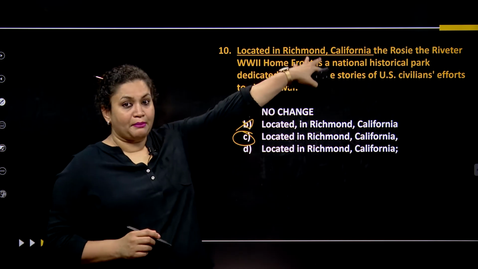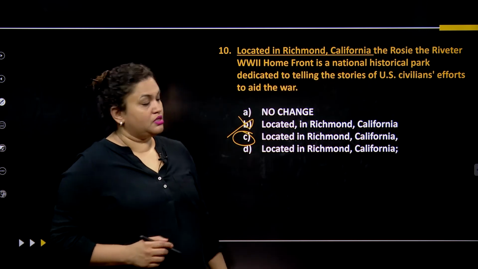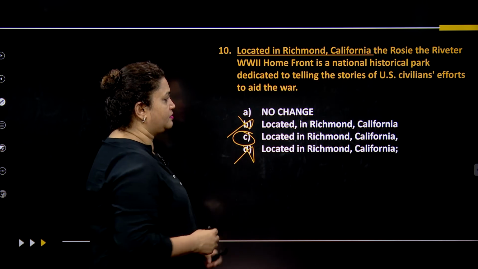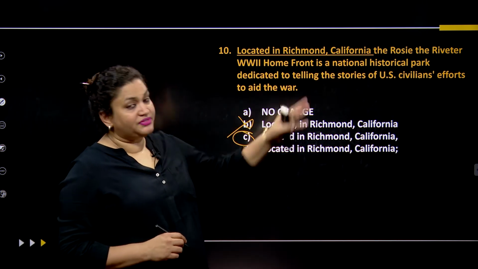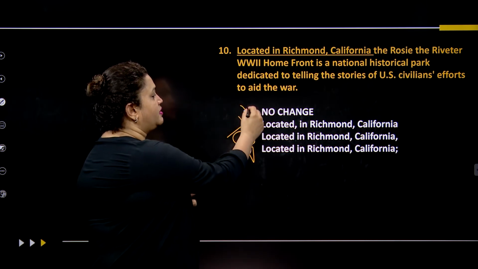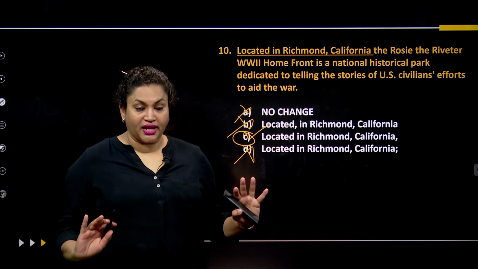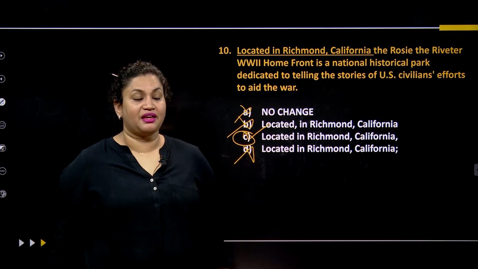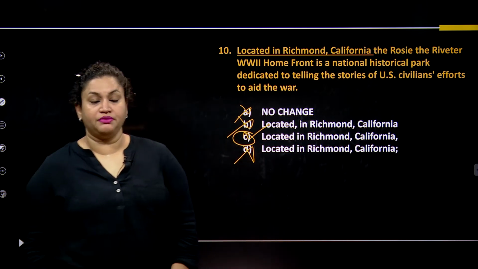Because we are talking about the Rosie the Riveter WW2 Homefront only. So, therefore, this is not an option. The first one is after California a comma is necessary. Therefore, this is not the right option. Therefore, C is the right option. Please check. Take 30 more seconds time to assess and then get back. We'll go to the next question.